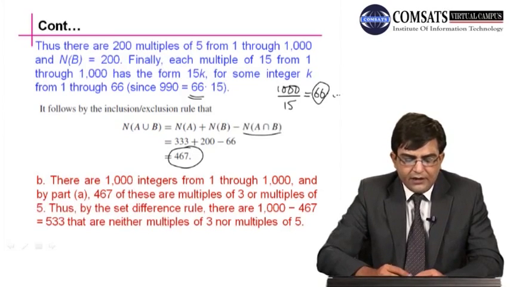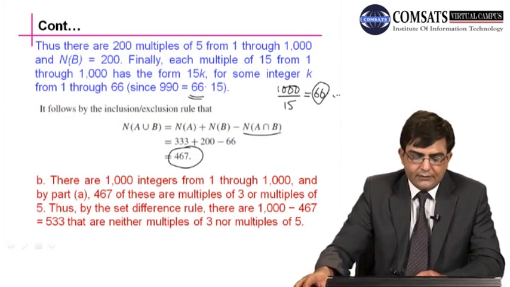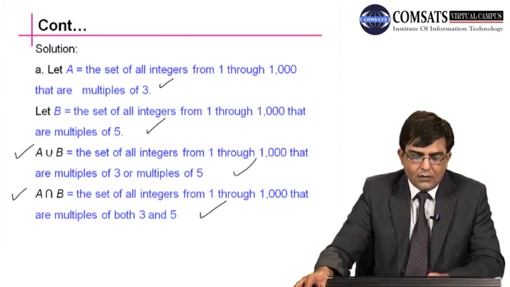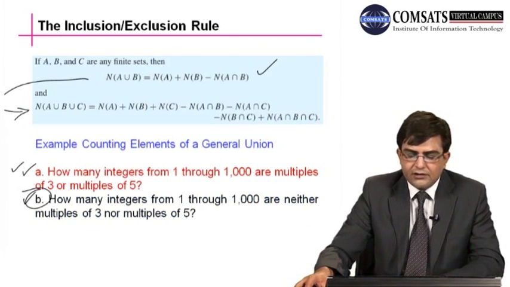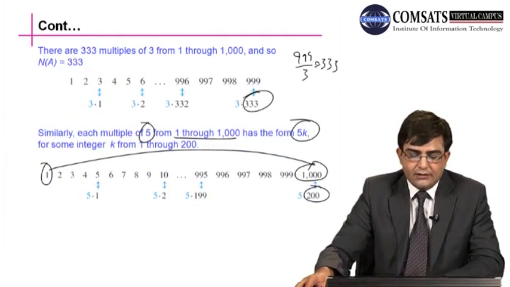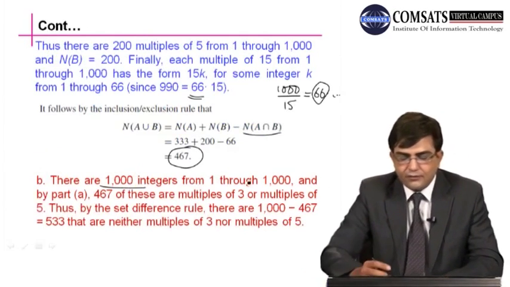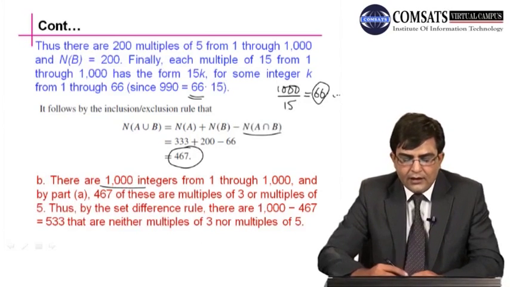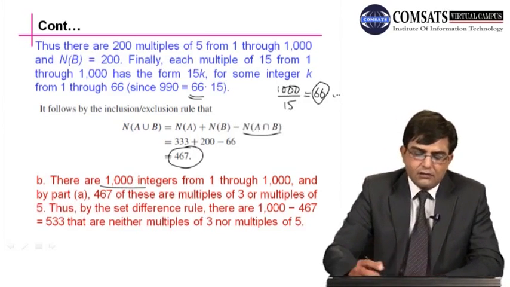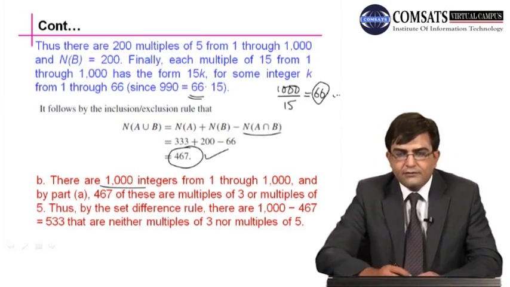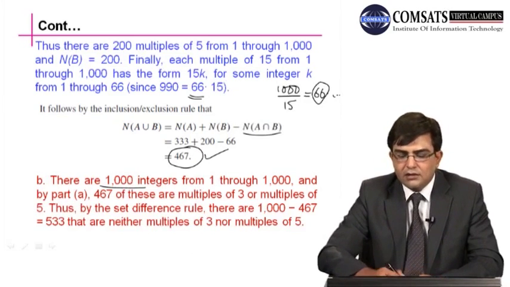Now in part B, we had to calculate how many integers from 1 through 1000 are neither multiples of 3 nor multiples of 5. As we can easily observe, there are 1000 integers from 1 through 1000, and 467 integers are multiples of either 3 or 5.